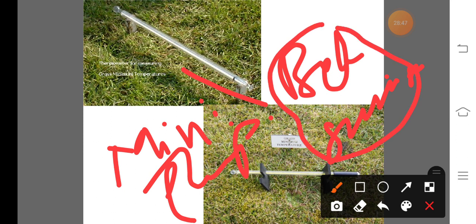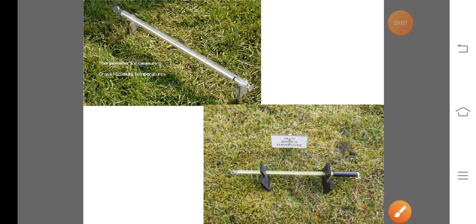After recording the temperature of the grass before sunrise, it is kept in a shadow area or in a double stem sunscreen to reduce the effect of solar radiation or temperature on that mercury. That means mercury is present in this thermometer. So this is about the grass minimum thermometer, used to record the minimum temperature of the ground surface, grass surface or vegetation area.